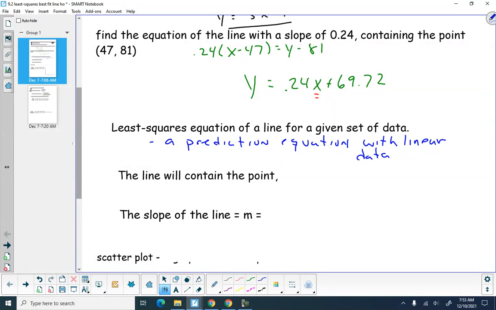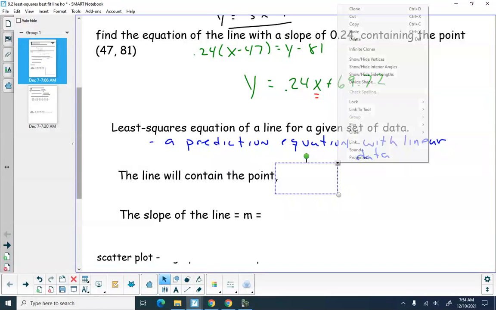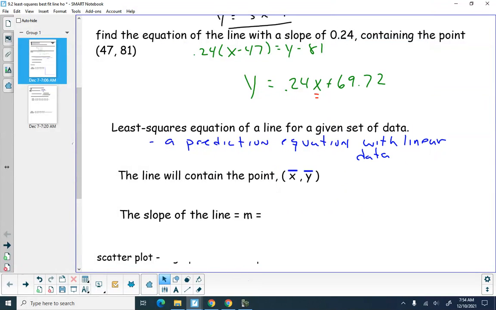Well, for us to be able to determine the equation of a line, we need two things. We need a point. The point that the least squares line will go through is x bar and y bar, the x average and the y average.